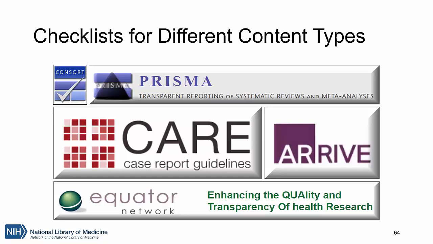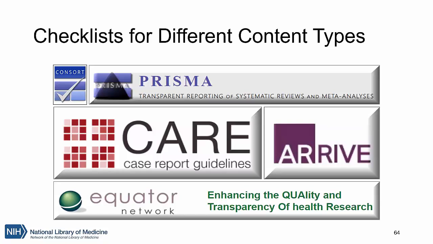And one other resource for you is EQUATOR. The EQUATOR, or Enhancing the Quality and Transparency of Health Research, is an international initiative that seeks to improve the reliability and value of published health research literature by promoting transparent and accurate reporting and the wider use of robust reporting guidelines. It carries the tagline, "A one-stop shop for writing and publishing high-impact health research."